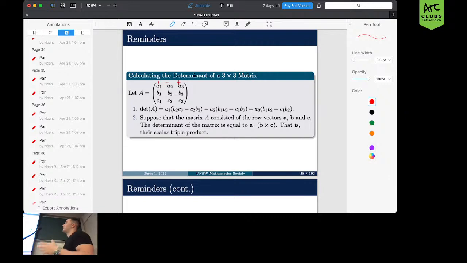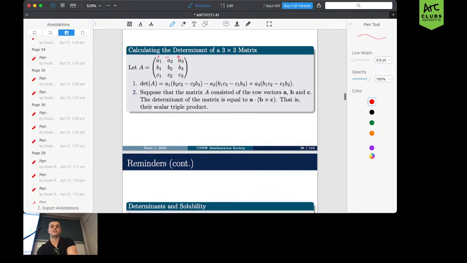So if they say find the scalar triple product, you would do A dotted with B cross C. The reason this works is that if you take a vector and do the cross product with another vector, you get a vector. Then a dot product of that with a vector is a scalar. So you get a scalar answer, which is why it's known as a scalar triple product. Okay, so that's quite important.